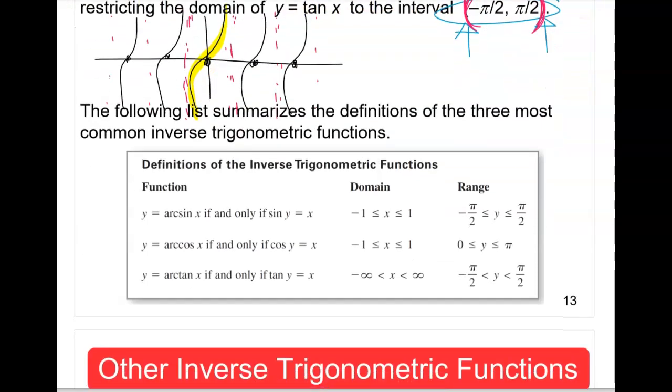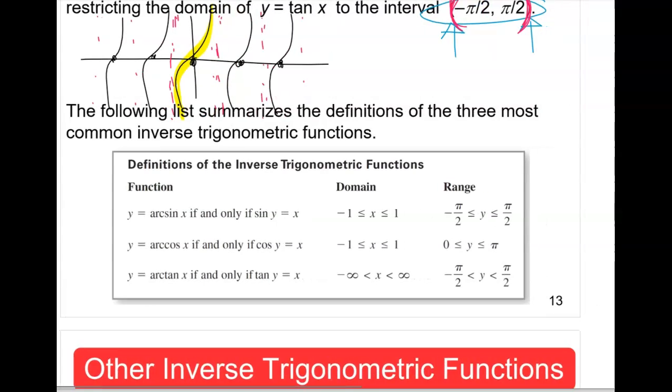Okay, so right here, a quick summary for the inverse trigonometric functions. It's very, very good to have when you take your exam. Please make sure you have it handy. So let's go first with sine inverse, or arcsine.